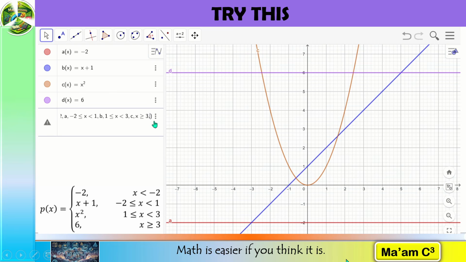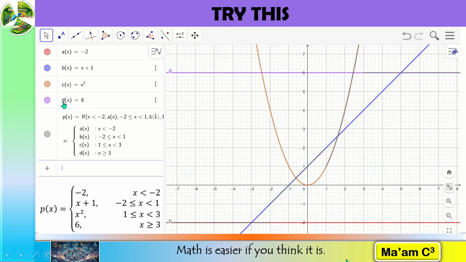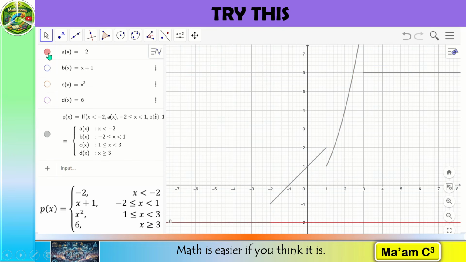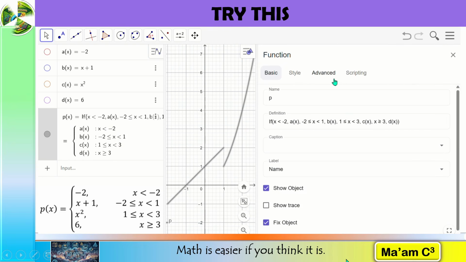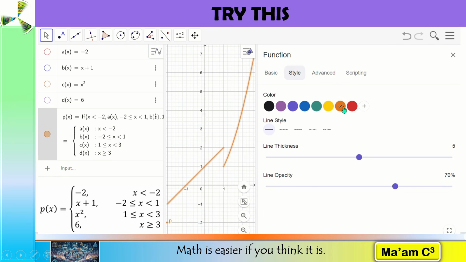And we use this condition for D of x. I'll type in D. Okay, and then enter. Now I'm going to untick these 4. Here is now the graph of P of x. Let me just change the color. I'll choose orange.